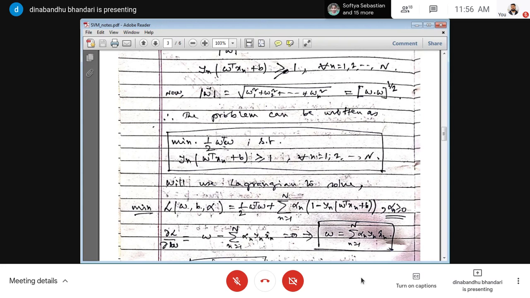Okay, you see the problem. Our objective was to find W and B. If we had 10-dimensional data, our parameters were only 10 plus 1. In 2 dimensions, there will be W1, W2 and B, 3 parameters.